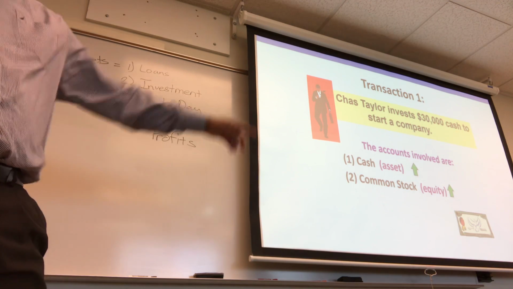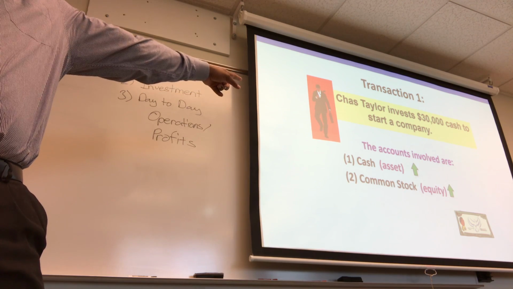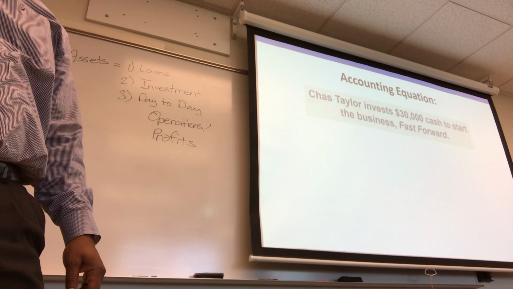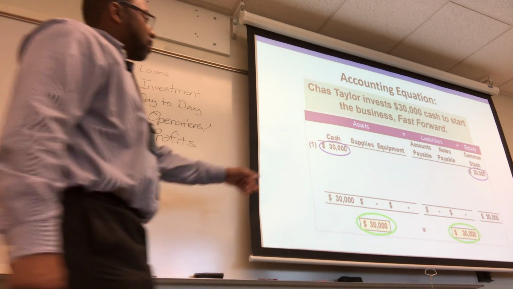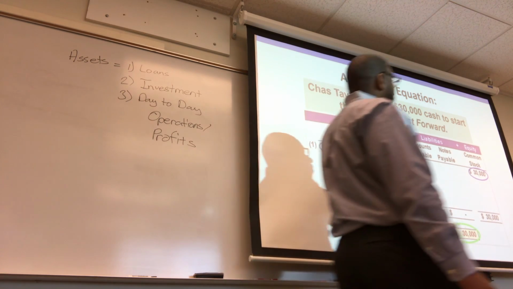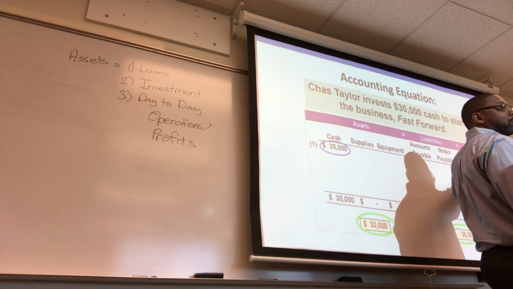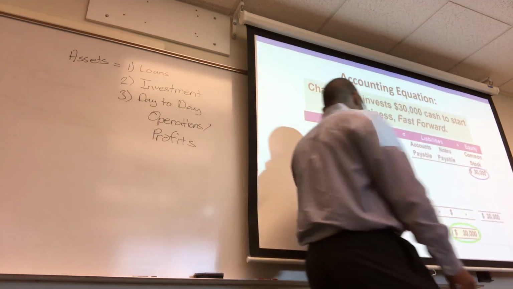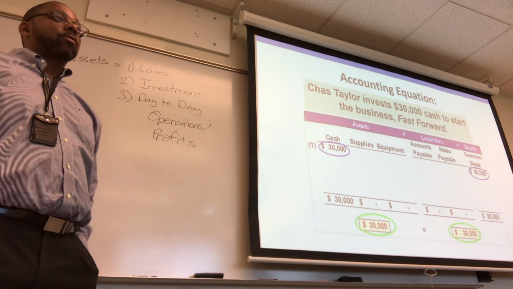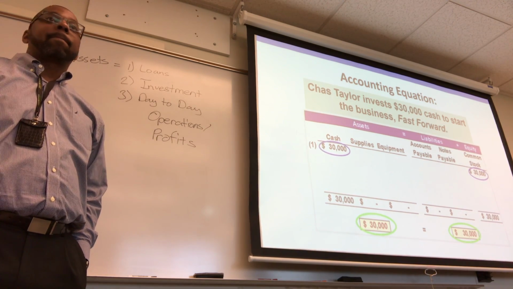So contributed capital, common stock, they're synonyms, right? And cash increases. So how this would look on the equation is we increase the cash by $30,000, which is an asset. We've already identified that. We increase common stock by $30,000, which is equity. And the accounting equation would be in balance by $30,000. Everybody with me so far?